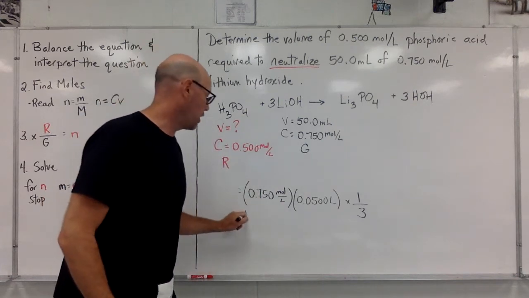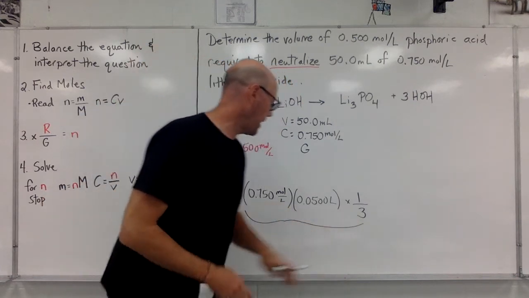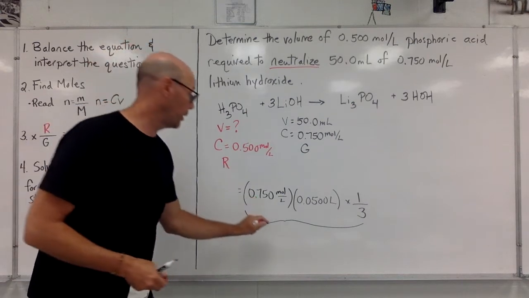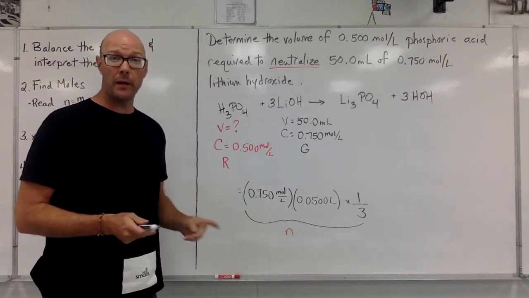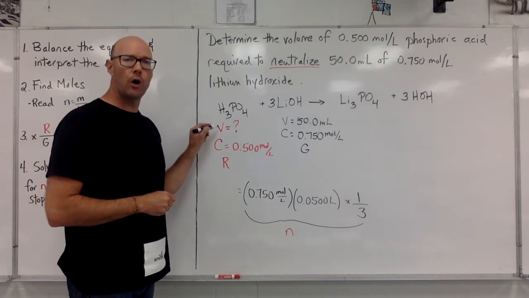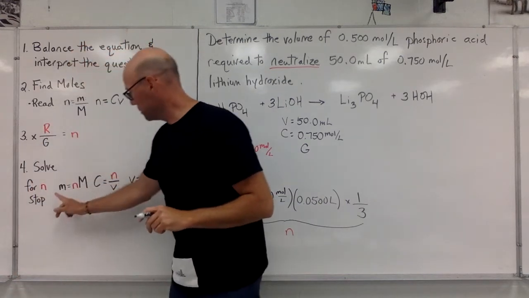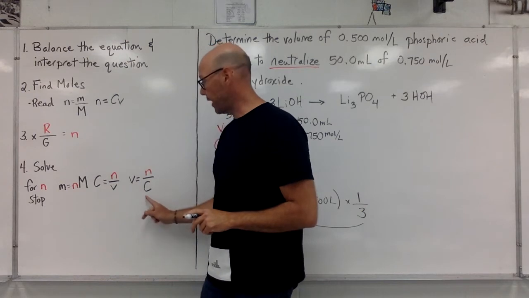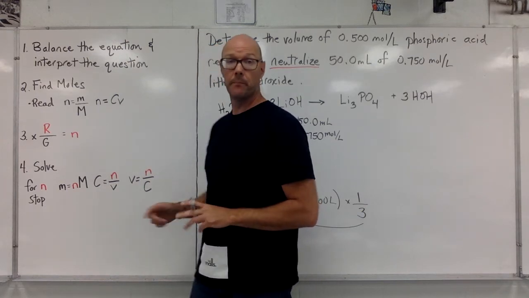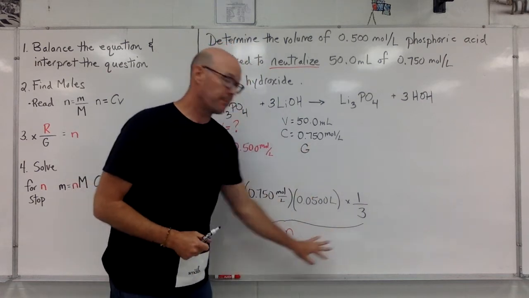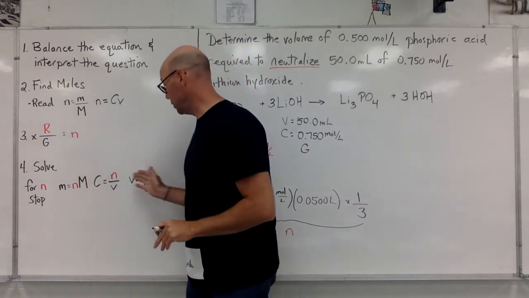All of that, our initial work and the R over G, we said it before, it's the red N. Look at what we have now. We're looking for the volume. Find moles, find mass, find concentration, find volume. It's the red N divided by C. All of this represents the red N, so what are we going to do?